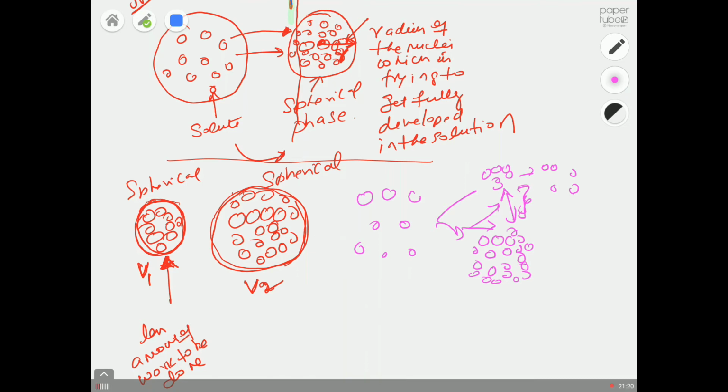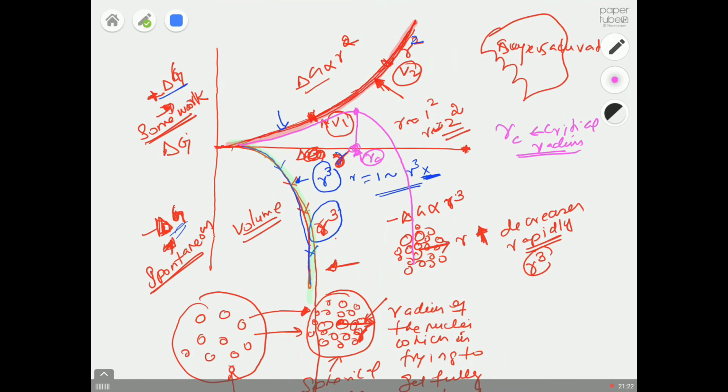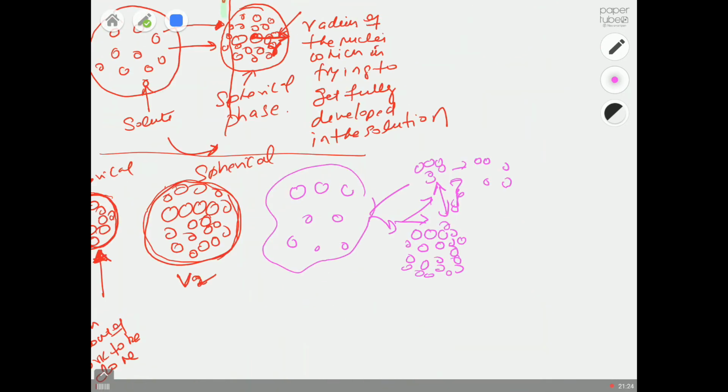So what the Gibbs free energy states is that if you have supersaturated solutions with molecules like this, they will come together, and if the radius is greater than RC, they will grow. It won't disintegrate back, and eventually you will get a stable nuclei out of that.